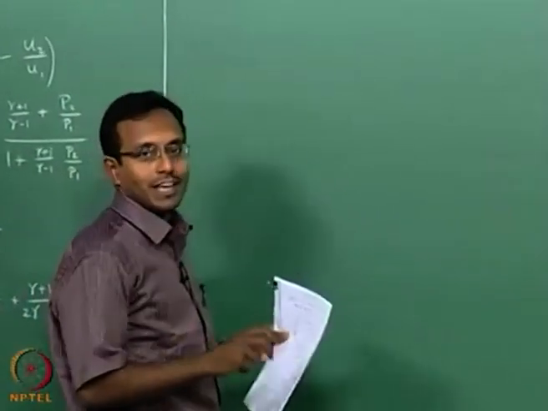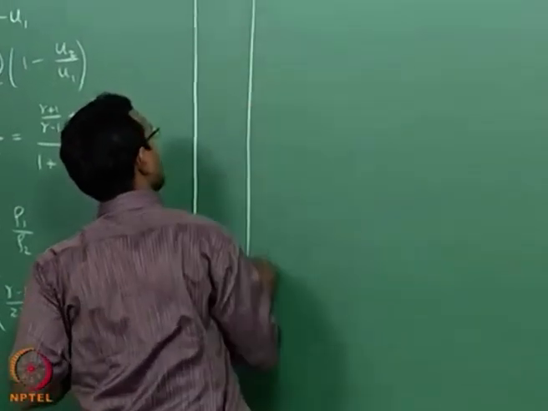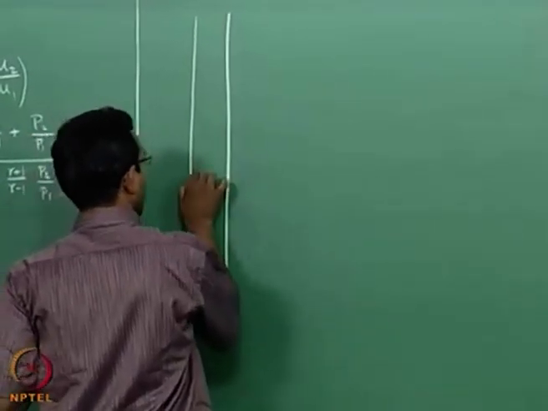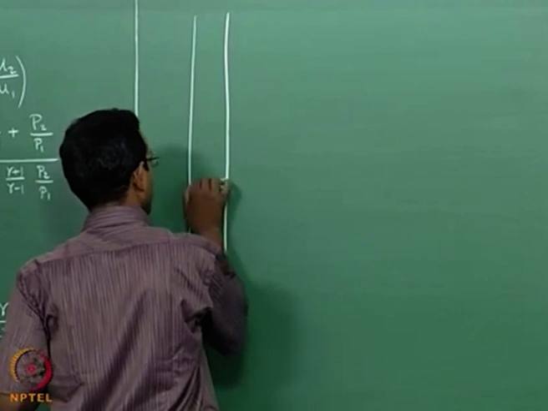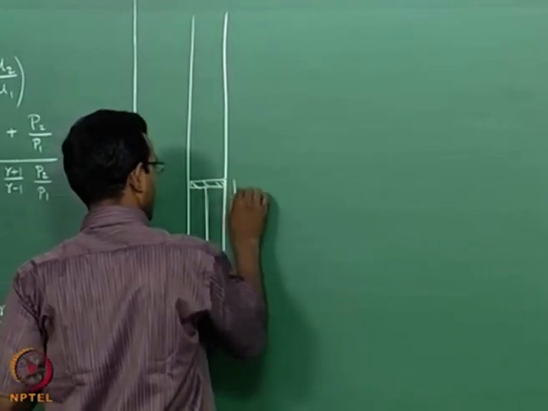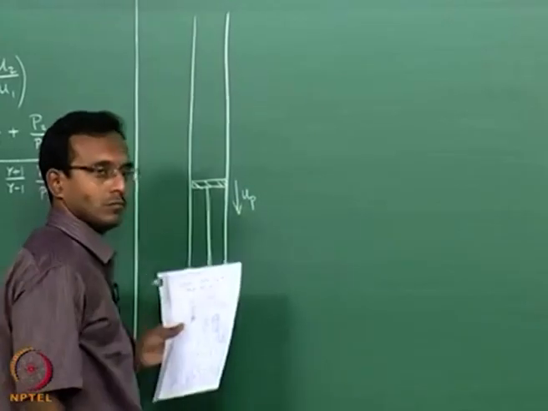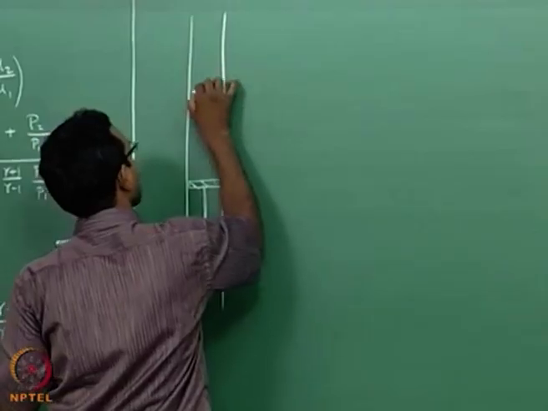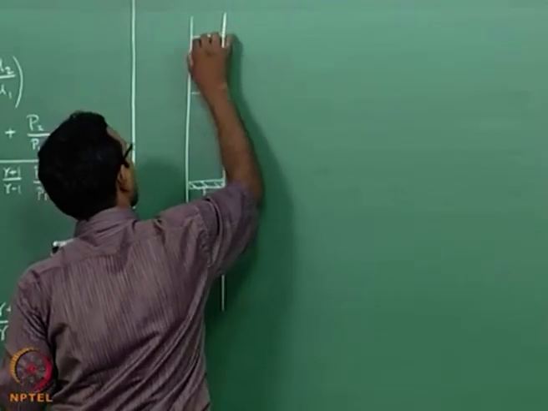Now, we will go and do the expansion problem. We saw this animation also, where I am having a piston moving the other way, and I am going to say the expansion waves are already started and they are moving all the way out there.